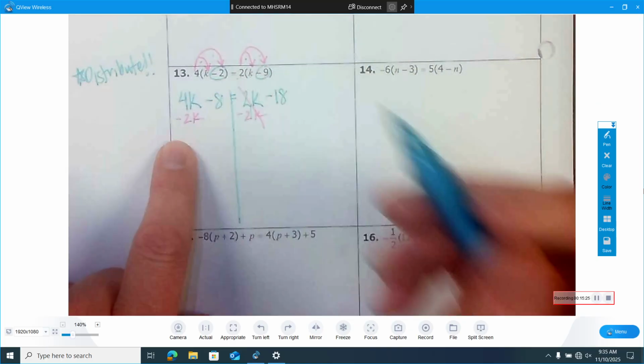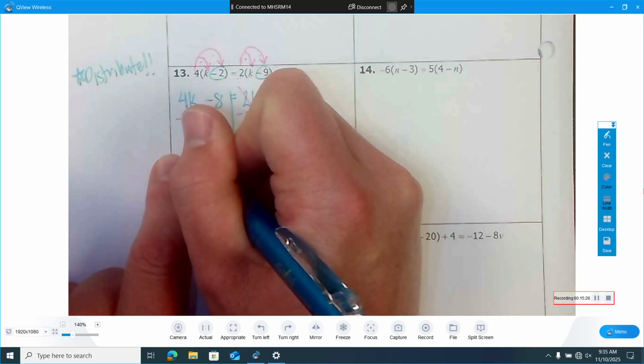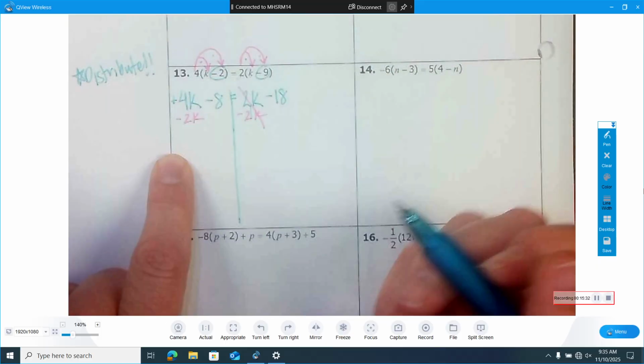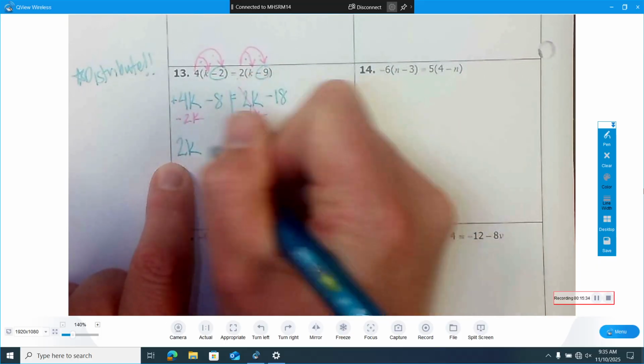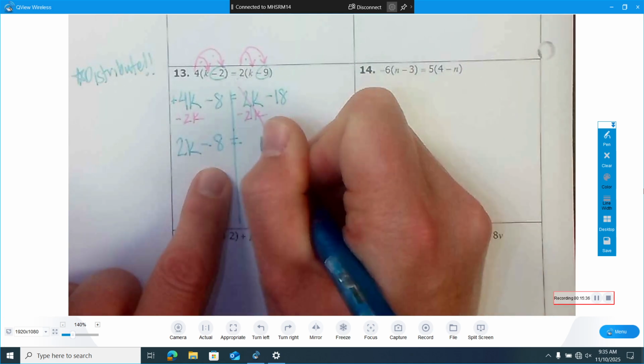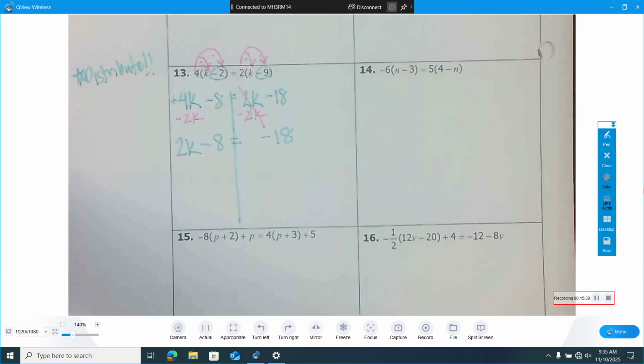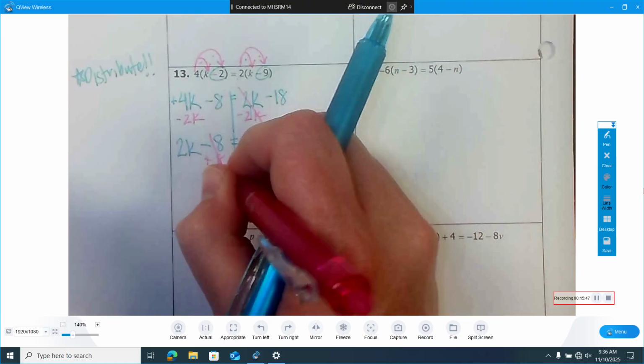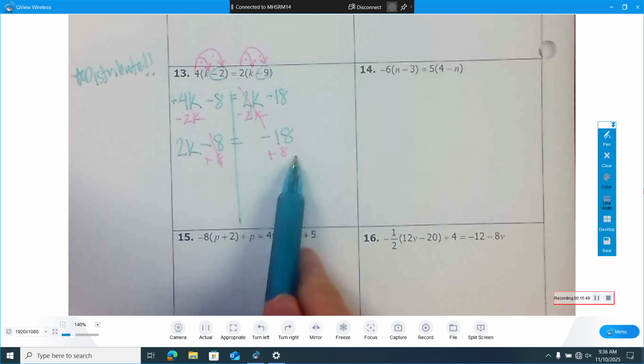Positive 4k and negative 2k is? Who wins? Positives by 2. Good. And then we have our minus 8 equals negative 18. All right, k wants to be all alone, doesn't like any neighbors. Add 8. Very good. Add 8. Again, that 8 wants to go with his friend.